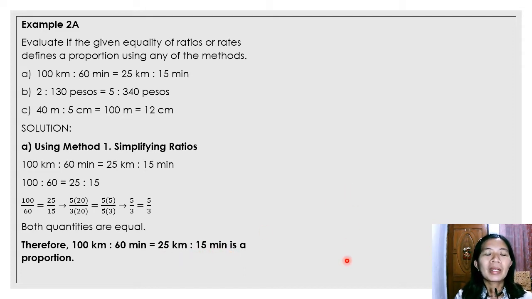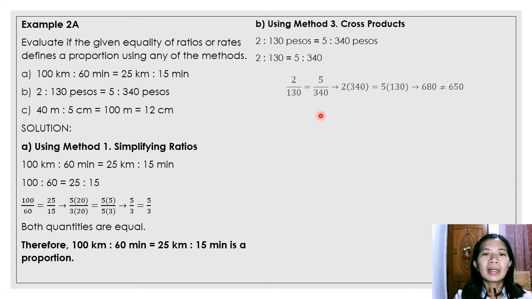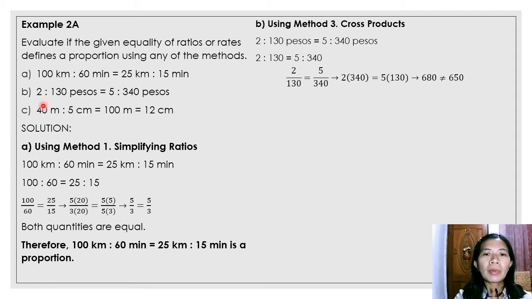Now let's have example letter B. We will use method number 3, which is cross products. So for the cross product, we are going to cross multiply. So 2 over 130 equal to 5 over 340.